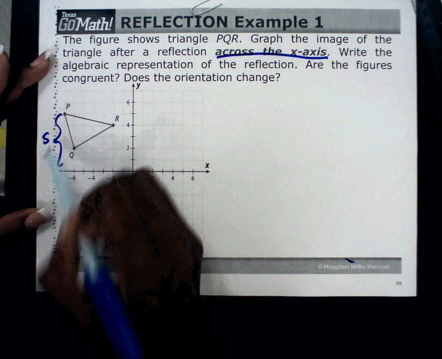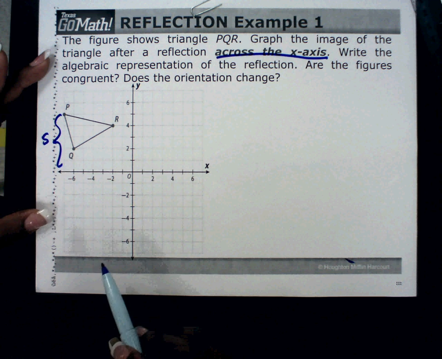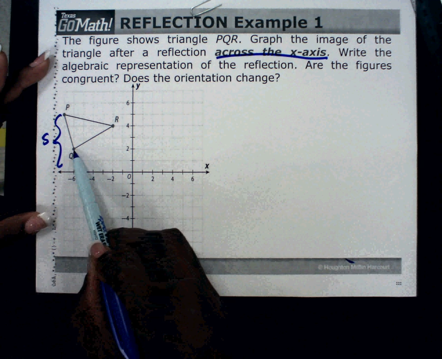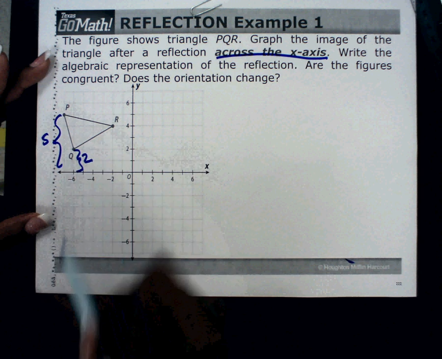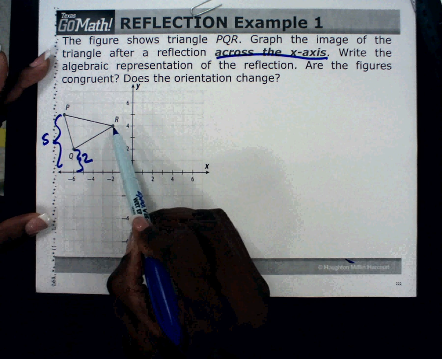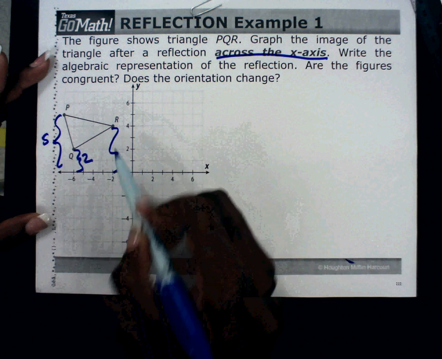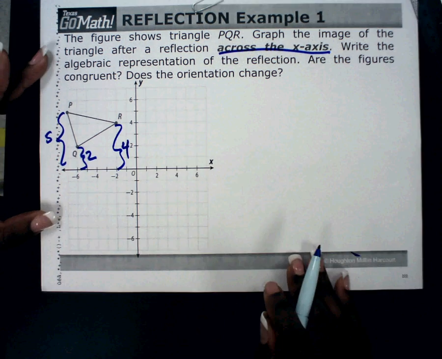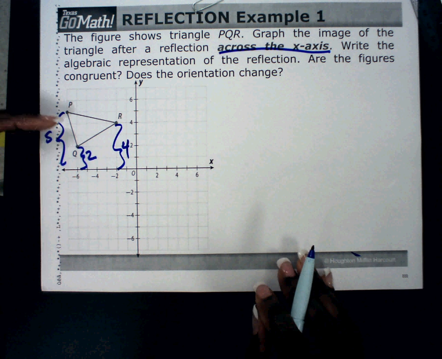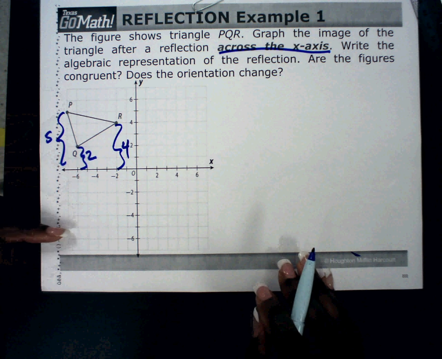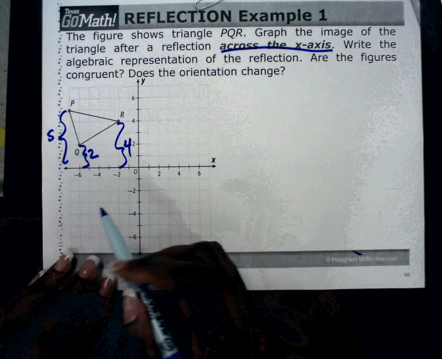So we have 5 units from P to the x-axis, and then for Q we have 1, 2 units. So from here to here we have 2 units. And then from R we have 1, 2, 3, 4. So from here to here we have 4 units. So we know how many units these points are from the x-axis. Now we can reflect them over to the other side of the x-axis.